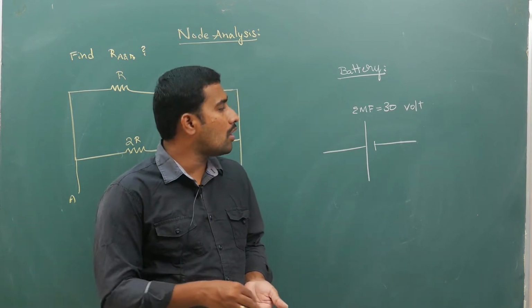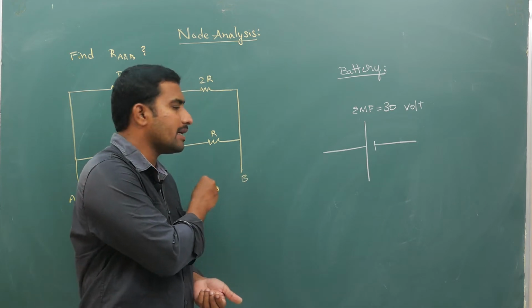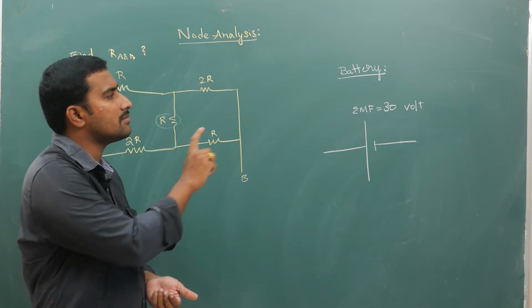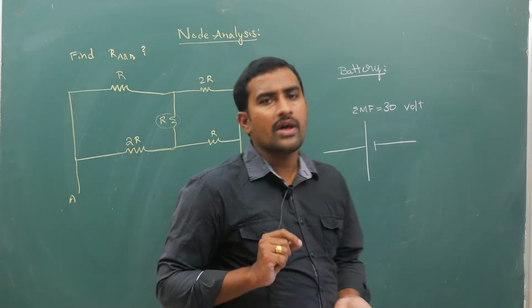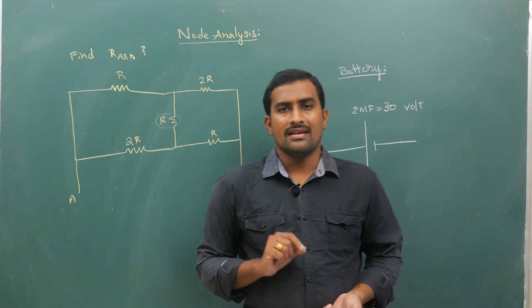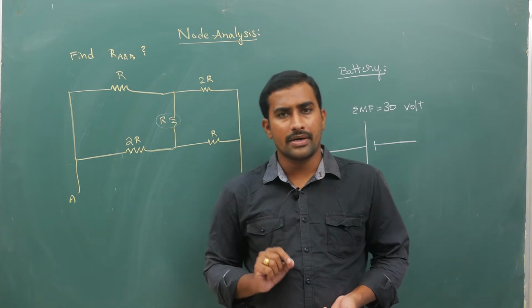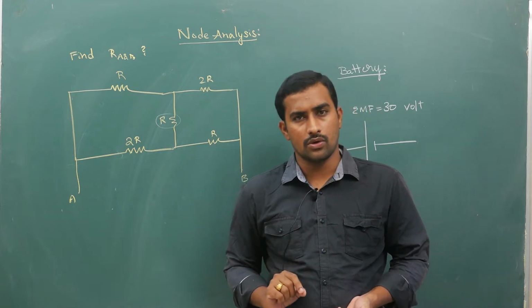But for what I am going to explain in this part, only that much I will explain now. So for example, let us say you have a battery of EMF 30 volt.